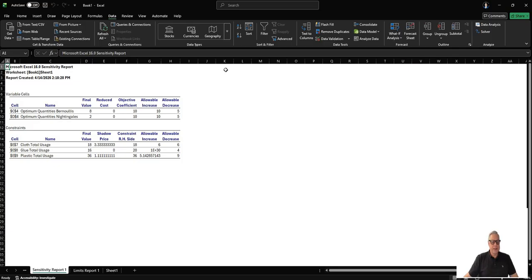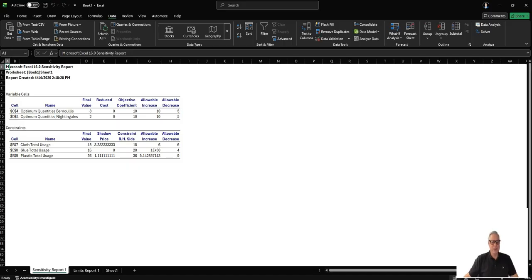So next, let's take a look at the shadow price. It says that the cloth has a shadow price of 3.33. In economics, we call the shadow price sometimes opportunity cost.